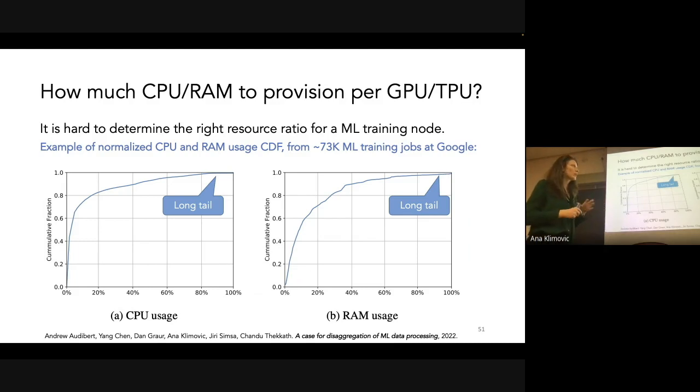For the storage part, you do need to make sure that you have a high enough bandwidth storage solution so that isn't a problem. I'll talk later on about a system called Cachew that brings in caching and realizes whether reading from storage is the problem, and whether I can put my data in some faster storage to help. And then you talked about loading, which is yet another thing.